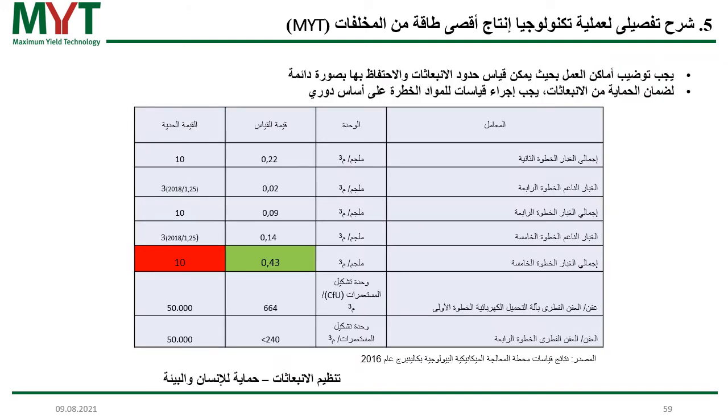I show you on the next slide how far ZAK is driving this. So the workplaces have to be set up such that the emission limits can be measured and upheld on a permanent basis. And to ensure the emission protection, the measurements of hazardous substances must be carried out on a periodic basis.